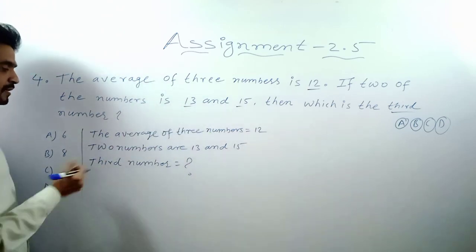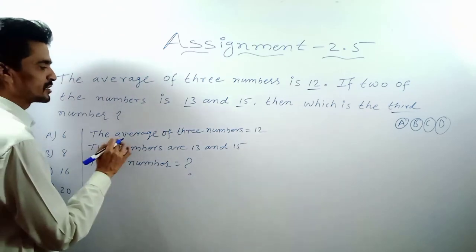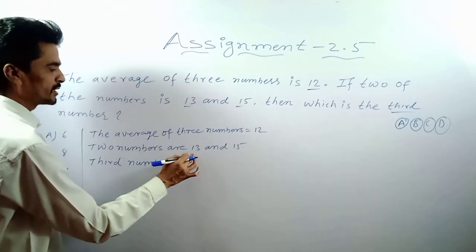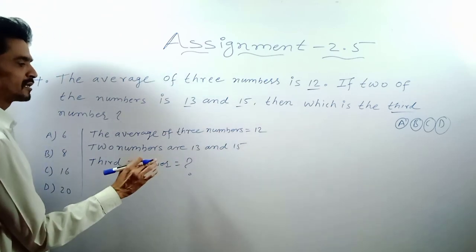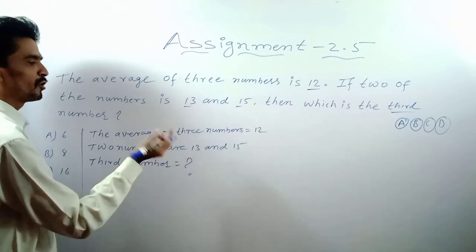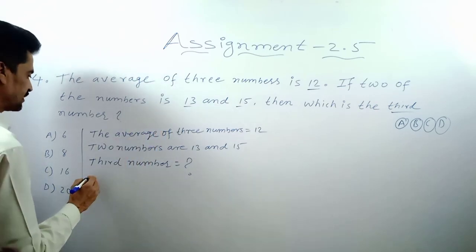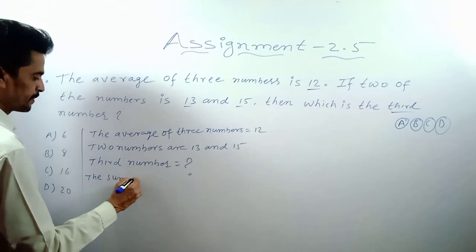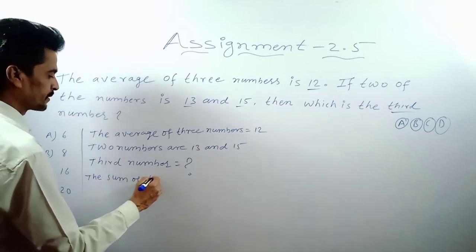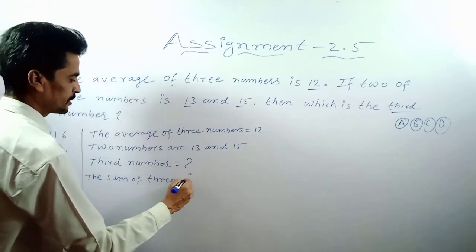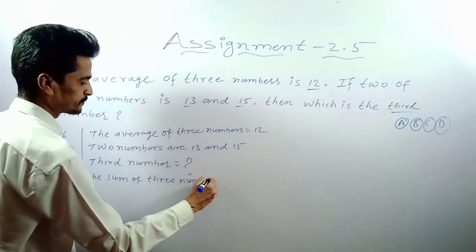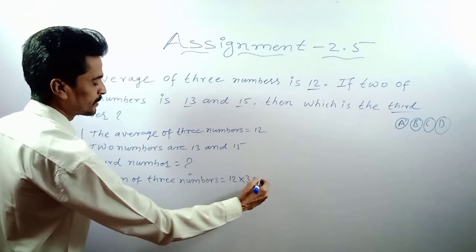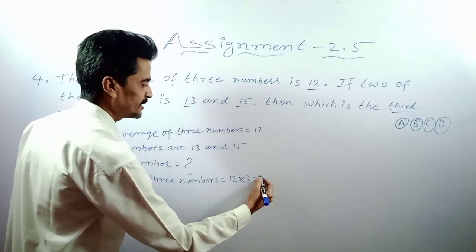So do the same: find the sum of the three numbers and then the sum of the two numbers, then subtract the sum of the two numbers from the sum of the three numbers. Like this. The sum of three numbers equals 12 into 3. 12 3s are 36.